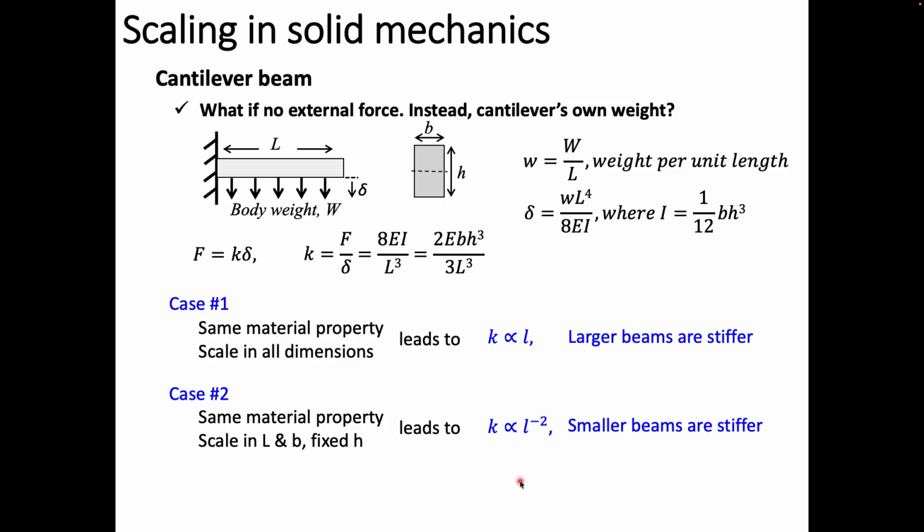So in this case, H is fixed, but B is reduced by a factor of whatever, and L is reduced and B is reduced, but H is maintained, right? But if you look at it, it doesn't bend as much. Why? Because as we scale down, this beam gets stiffer.